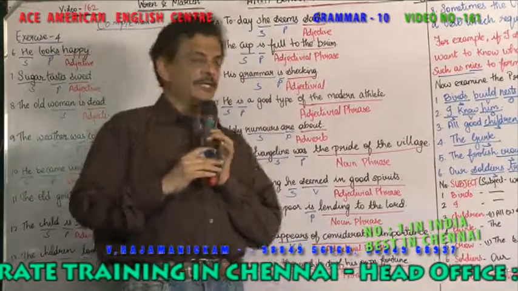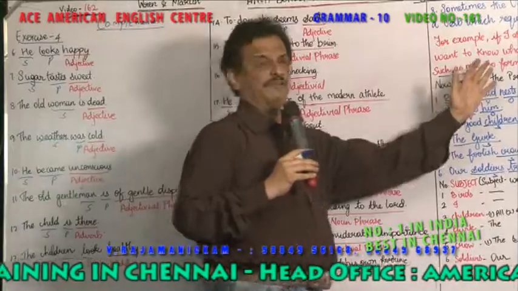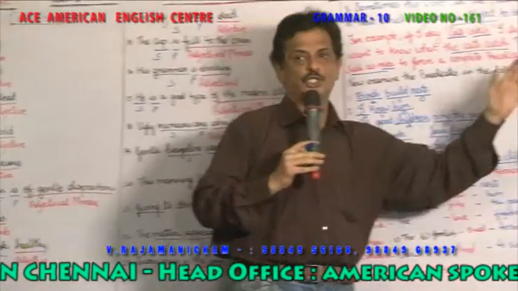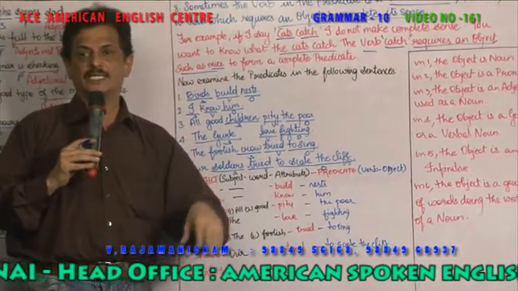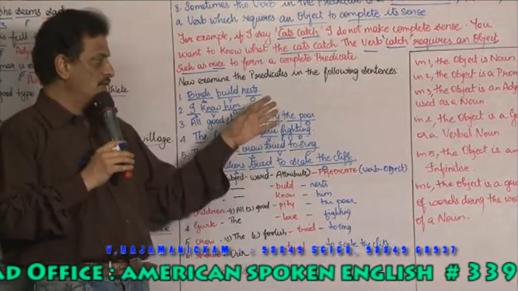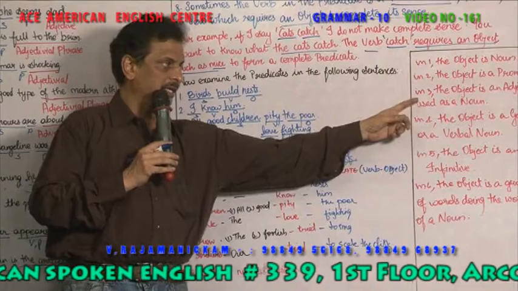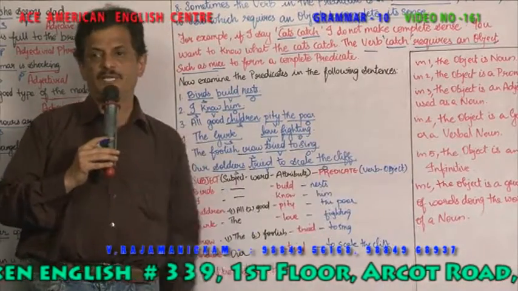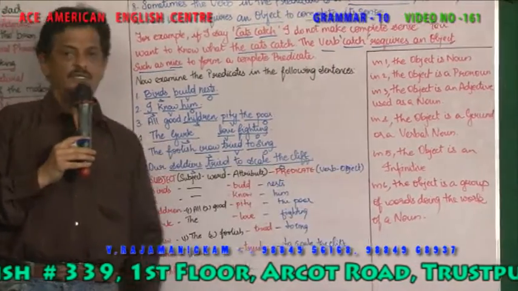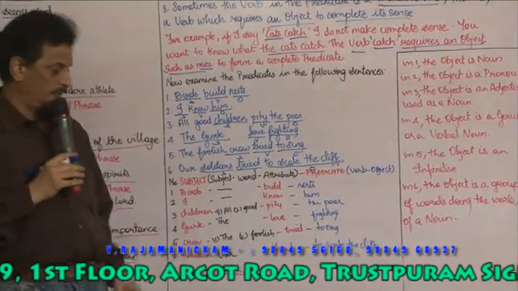For example, "the cats catch" doesn't give a meaning, it needs an object to complete the sentence. So the object may be a noun, a pronoun, an adjective, a gerund, an infinitive, or a group of words acting as a noun. Hope you are able to get it.